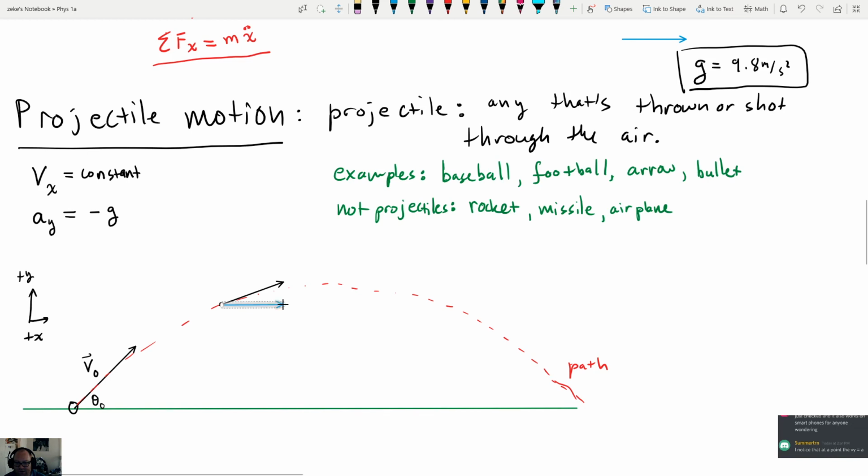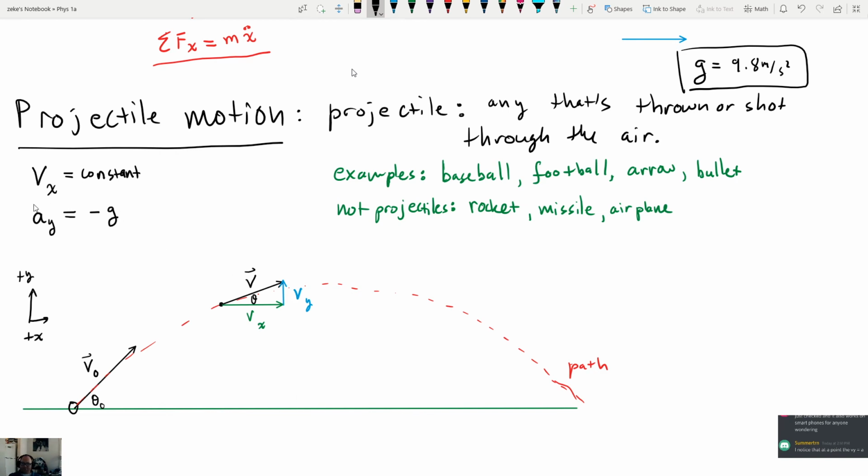We'll make the x direction green. And then the y direction, that's blue. So these are going to be Vy here and Vx right here. And then this is the velocity vector right here, right?